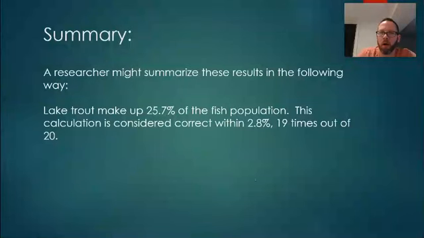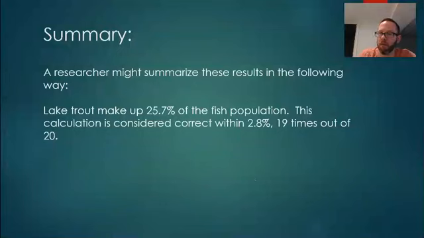So a researcher might summarize these results in the following way. And this is kind of the ultimate goal of making a confidence interval. You get your estimate. How good is your estimate? Well, we'll say the lake trout make up 25.7% of the fish population, and this calculation is considered correct within 2.8%, our margin of error, 19 times out of 20.